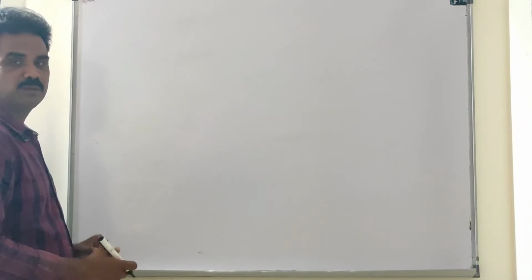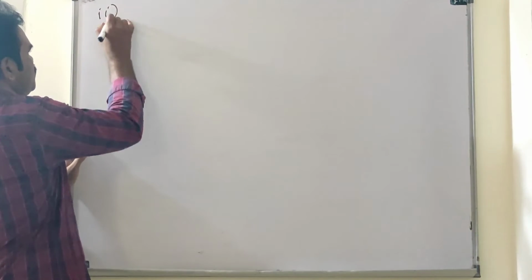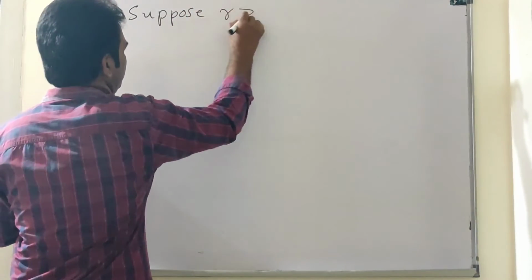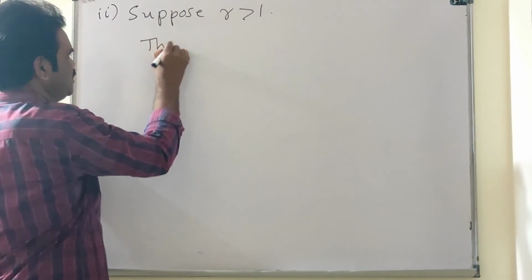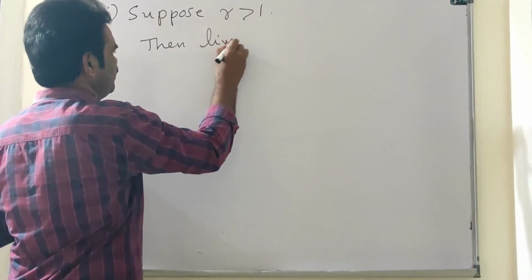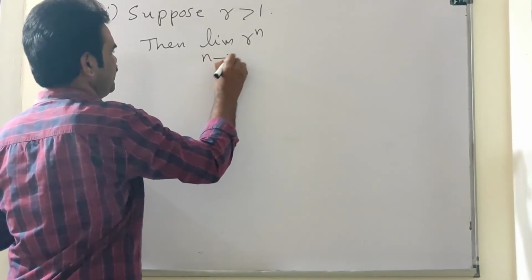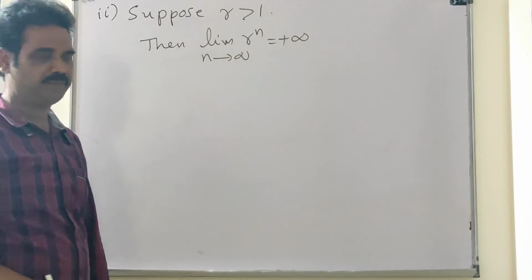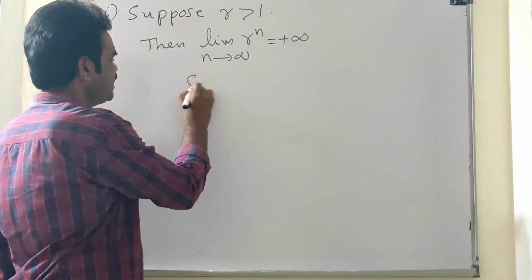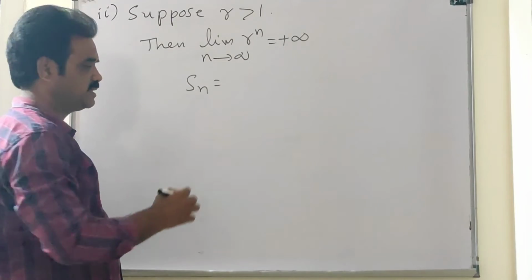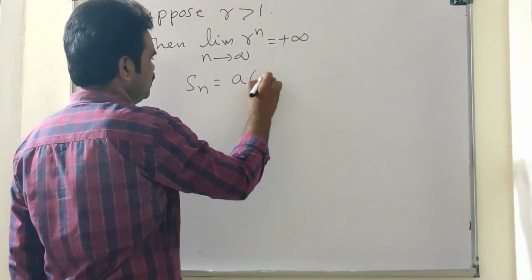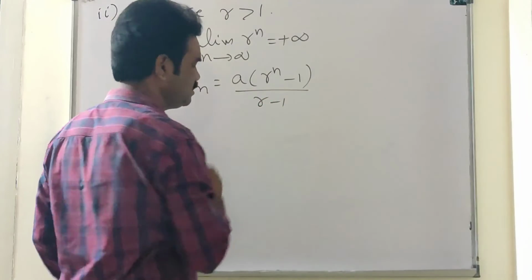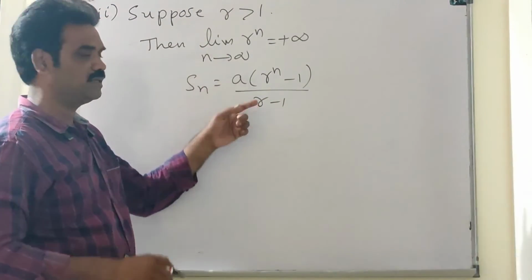Now case 2. Suppose r greater than 1. Then you know that limit r power n as n tends to infinity is plus infinity only. So now what is Sn? Sn is a into r power n minus 1 by r minus 1, since here r greater than 1.